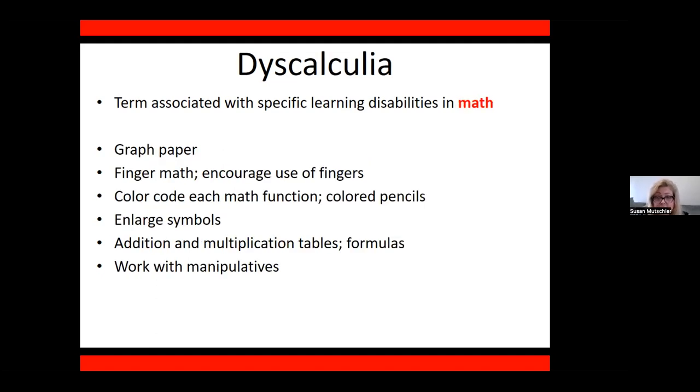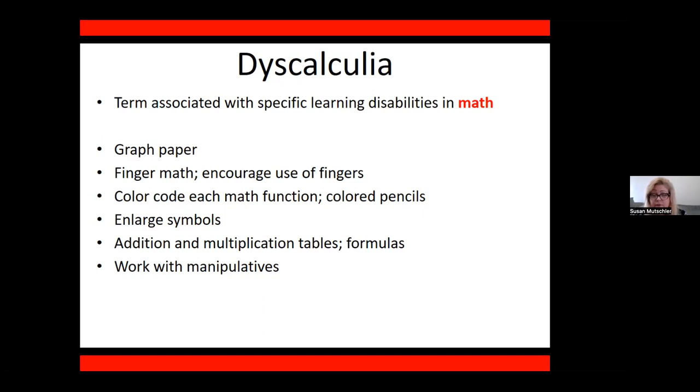And then dyscalculia is for those that struggle with math. They suggest using graph paper, being able to use your fingers, counting on your fingers to figure out those math equations. Color coding each math function by using colored pencils, using enlarged symbols, having addition and multiplication tables and formulas in front of you, and then working with some manipulatives.